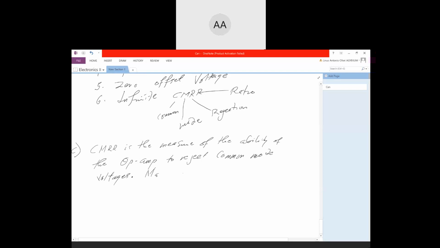Okay? That is the simple definition. Now, mathematically, it is the ratio of the differential gain to the common mode gain.